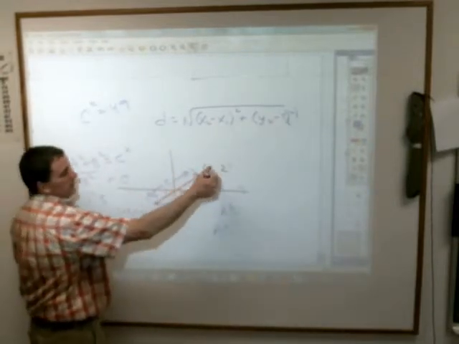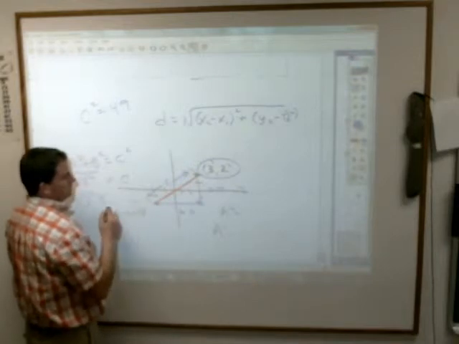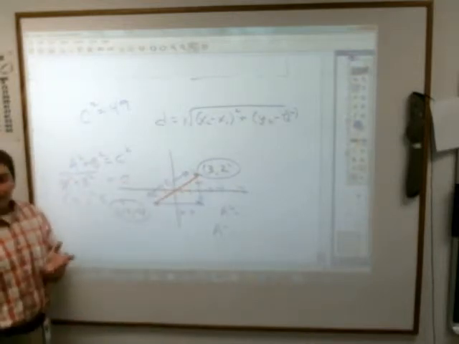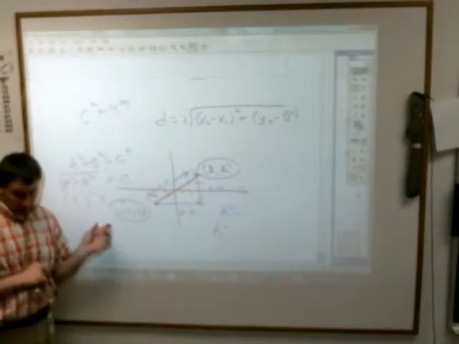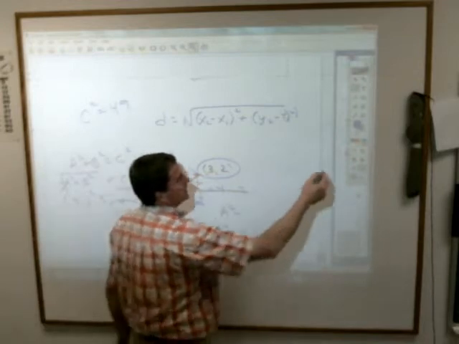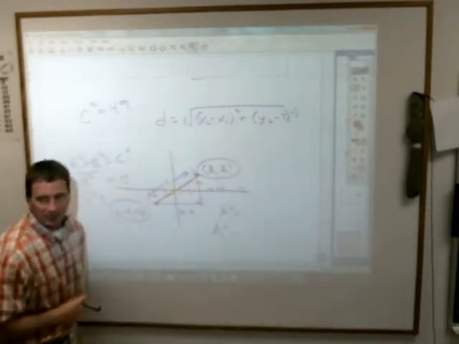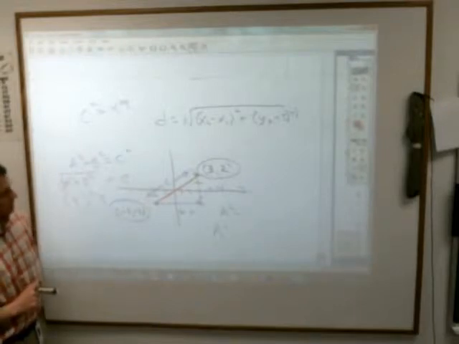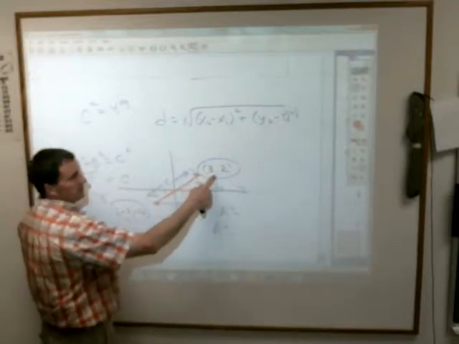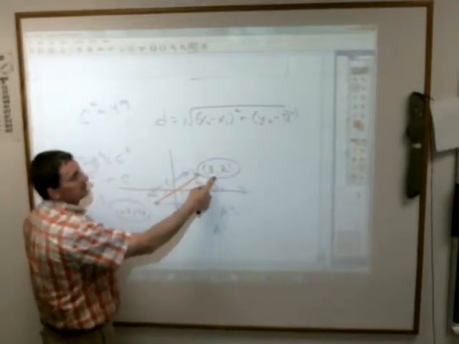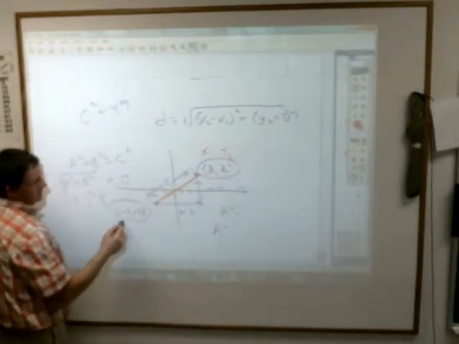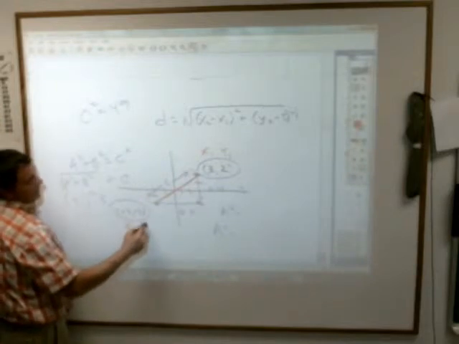So once you know your points, which you don't have to draw this whole thing out, this is just the points. You just need to pick one to be the sub 2s and one to be the sub 1s, and it doesn't matter which one. Which one would you like to be the 2s, and which one would you like to be the 1s? This one, 3, -2, you want to be the 1s. Okay, so this is x sub 1, y sub 1. This is x sub 2, y sub 2.